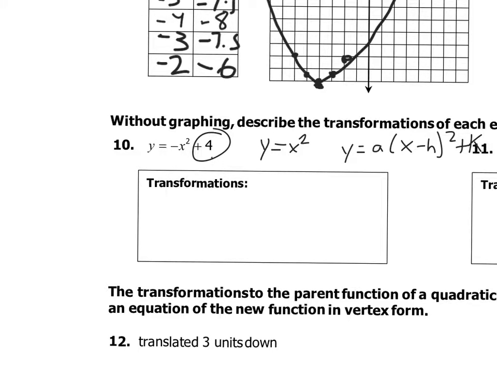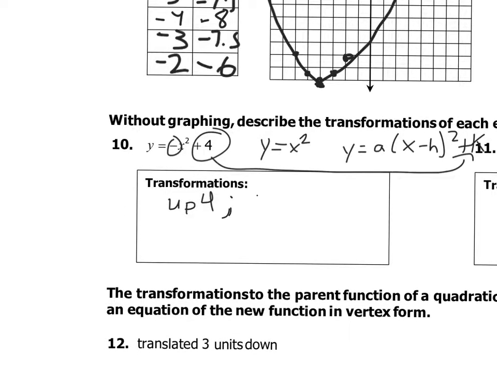So that 4 represents the k, which means we're going to be going up 4 spaces. This negative right here would mean that we are going to be reflecting across the y-axis, or it's going to be flipped. So up 4 spaces and flipped, or reflected across the y-axis. I'm sorry, not the y-axis, the x-axis, reflected across the x-axis.